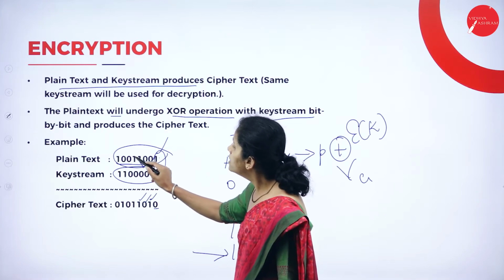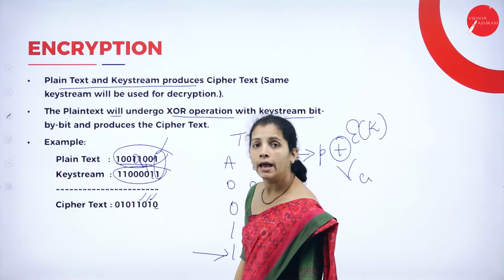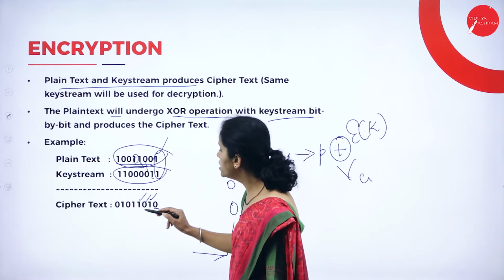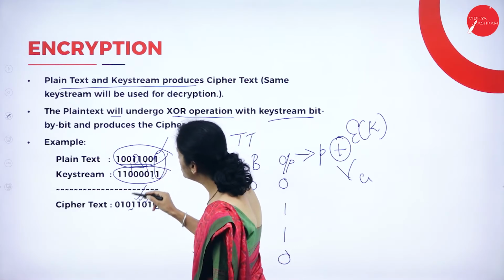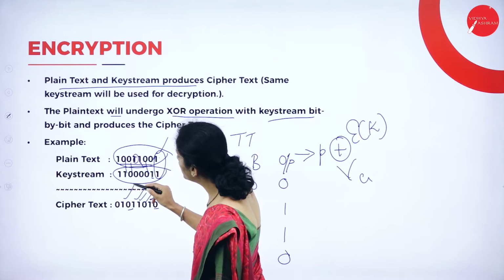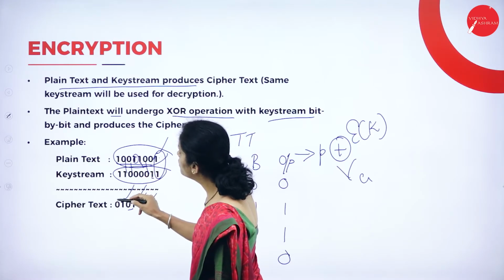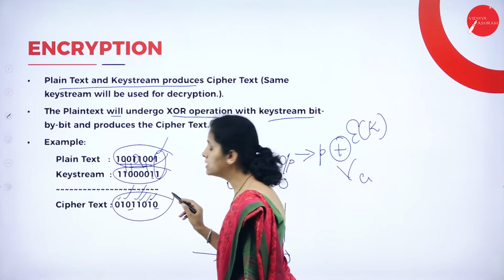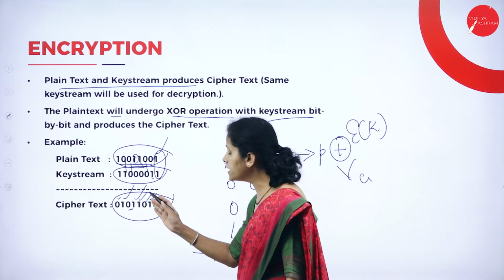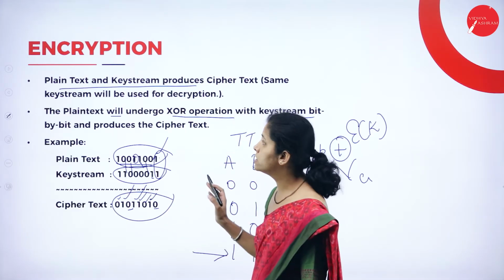Again 1 XORed with 0 gives 1. Now 0, 0 gives 0. 1, 0 gives 1. And 1, 1 gives 0. And this is my ciphertext. This text is sent to the receiver.